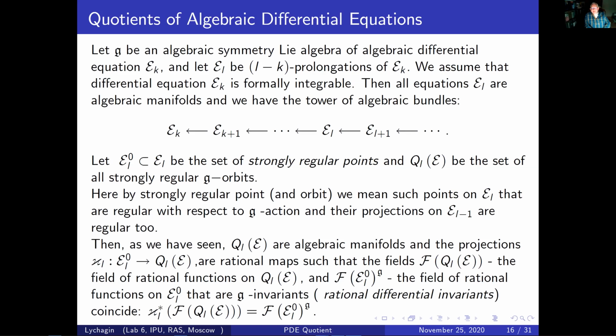I forgot to say the more important stuff. We assume that our symmetry algebra, say for point transformations, should be transitive on G0.